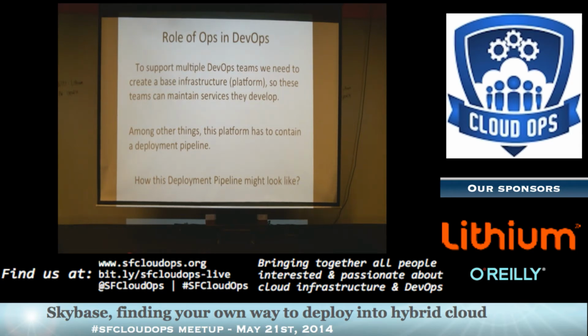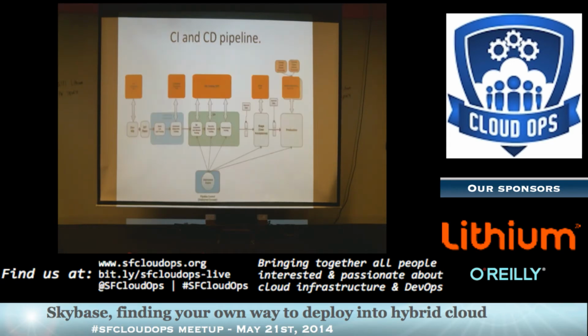So how deployment pipeline might look like is on this slide, which I already showed you. But the main point here for now, at this point in the presentation, is in the middle is the deployment pipeline itself. On top, the orange blocks are actually groups of servers which perform and are used for different actions and for different purposes, like dev.